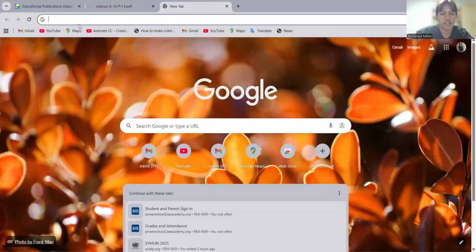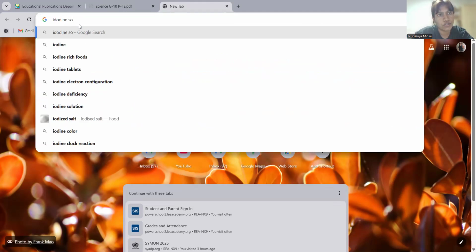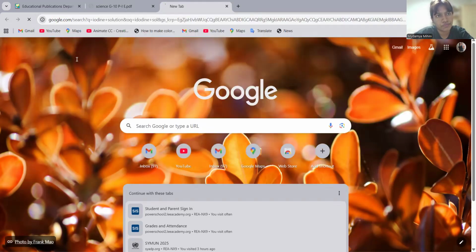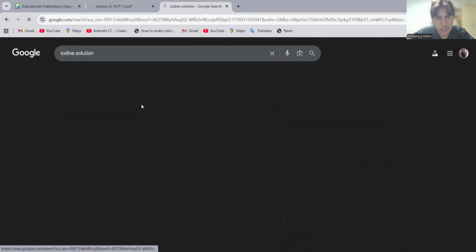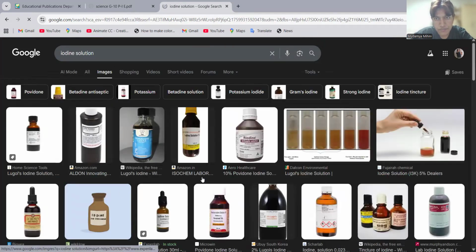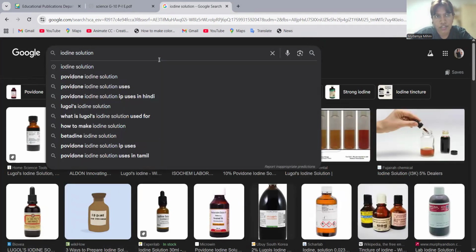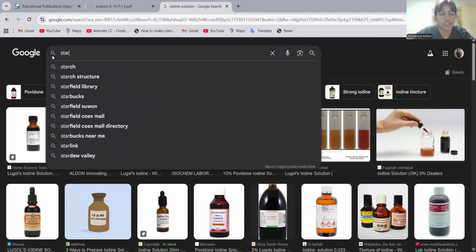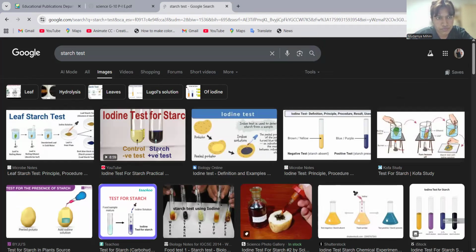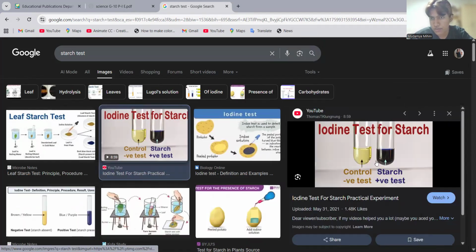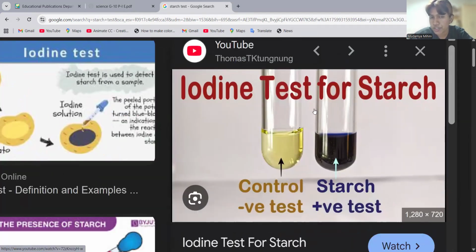Let me show you guys the iodine solution. So this is the iodine solution that you see. And for the starch test, this is what the result would be. This is the purplish blue color that you see.